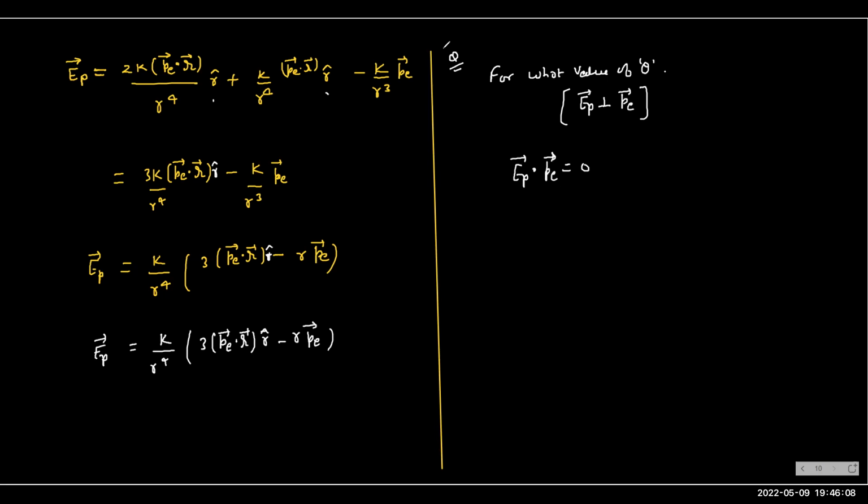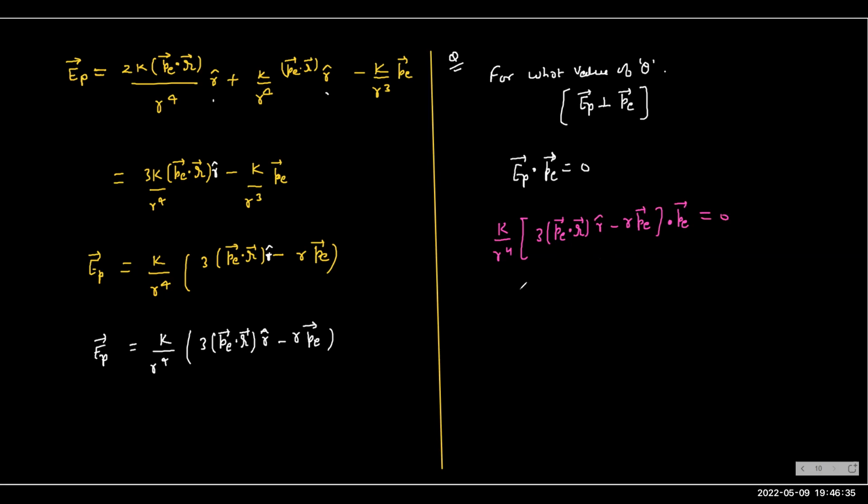I'm doing this for the first time in vector form, but this is very easy in terms of scalar. So in vector form, what you can write is k by r power 4, 3 p dot r cap minus r p dot p.